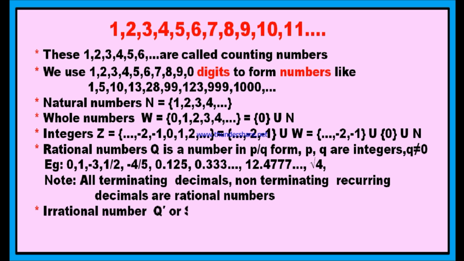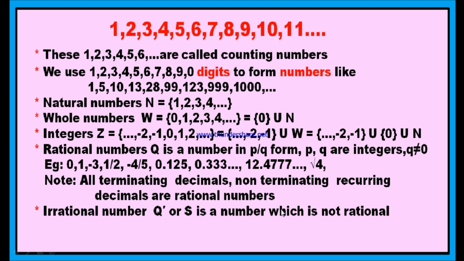And the other type is irrational numbers. As you know that the rational numbers are represented by Q, now irrational numbers are represented by Q dash, or they are also represented with S. An irrational number is a number which is not rational.